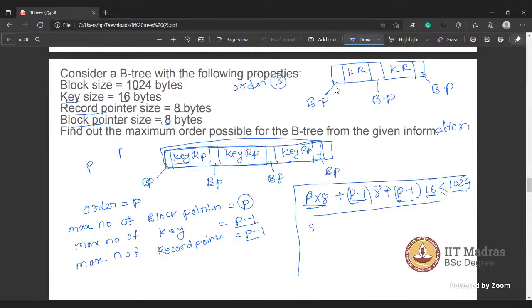Suppose order is 3, so maximum is 3 block pointers. Block pointer equal to 3, and the maximum can be 2 keys. So the maximum should be n minus 1. So maximum keys will be 2, and maximum record pointers also 2.